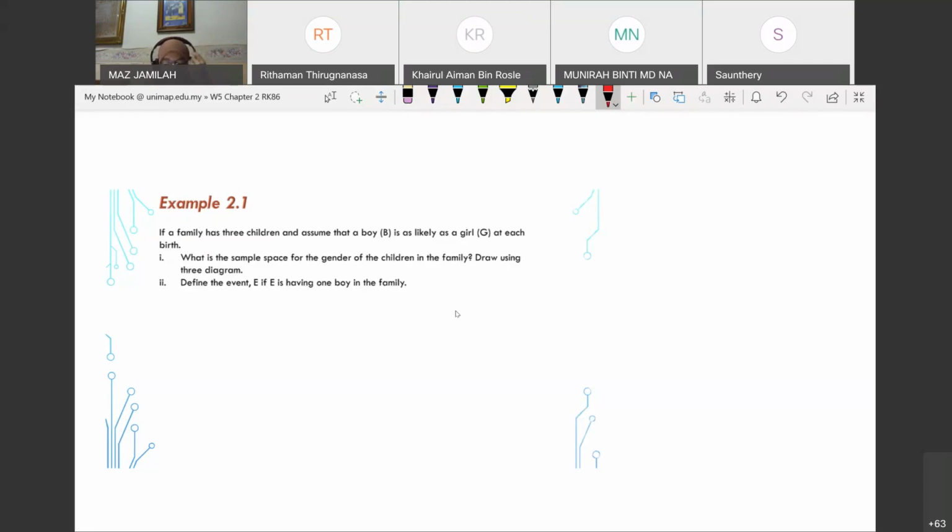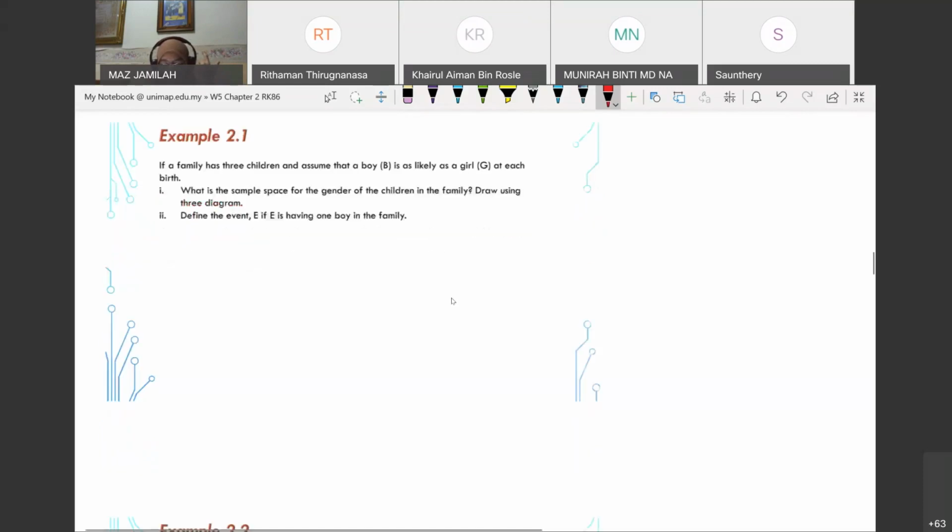Now, what is the sample space for the gender of children in the family? Draw using a tree diagram. So we know that assuming there will be only 2 genders, boy or girl, not more than that, and we have 3 children, it will involve 3 births.